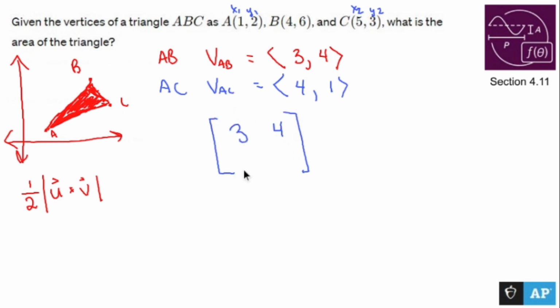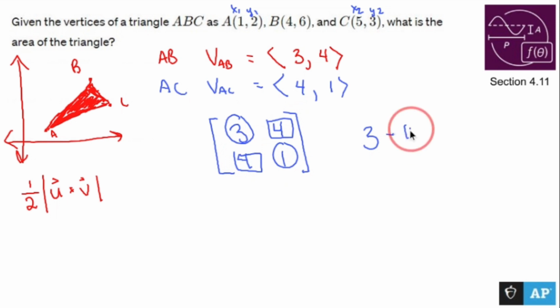I have another vector, which is going to be 4, 1. And the way I do vector multiplication is I essentially take the determinant, which is going to be 3 times 1, 3, minus 4 times 4, which is 16, and that's going to end up being negative 13.